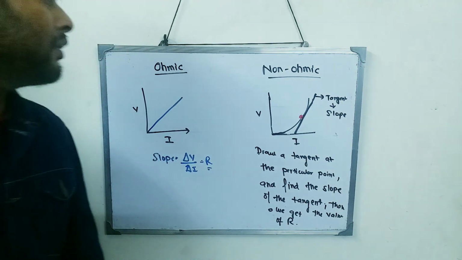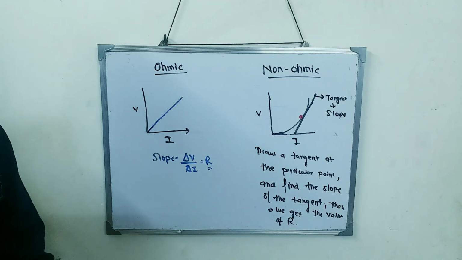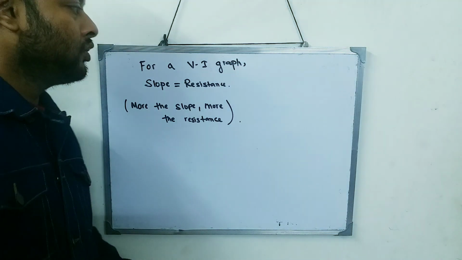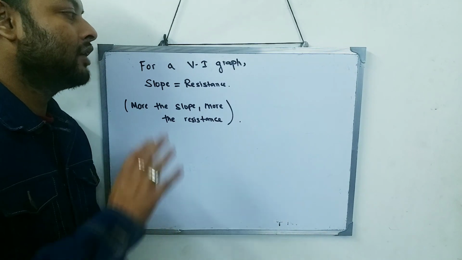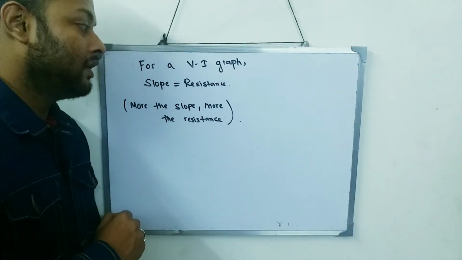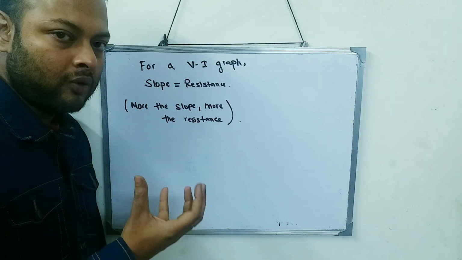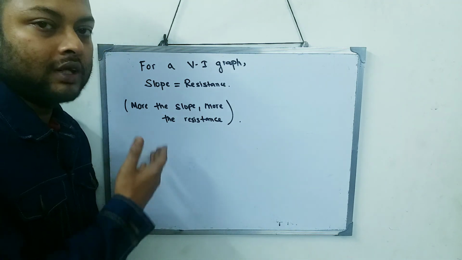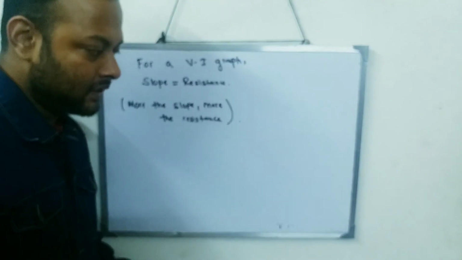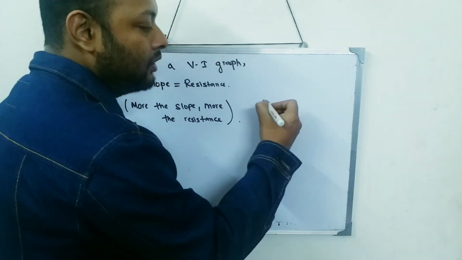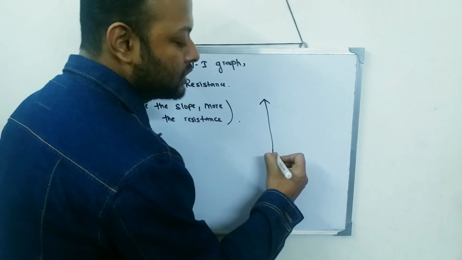So this is about ohmic and non-ohmic conductors. Ultimately we came to know that for a VI graph, slope is equal to resistance. Whatever the slope is, that will give me the value of resistance. So the more the slope, the more the resistance. By taking this concept in mind, we have to solve one graphical question.